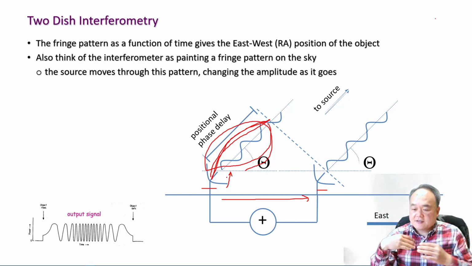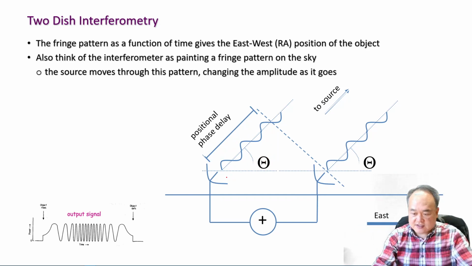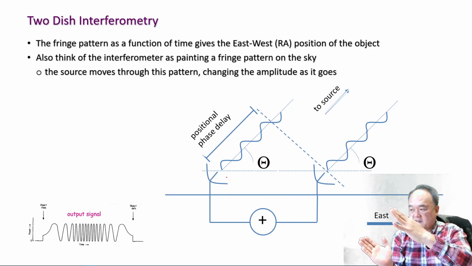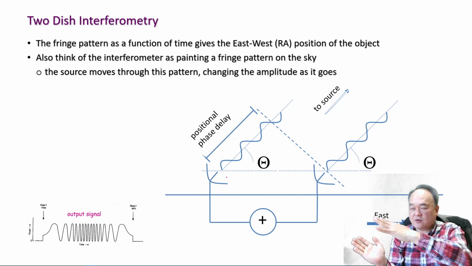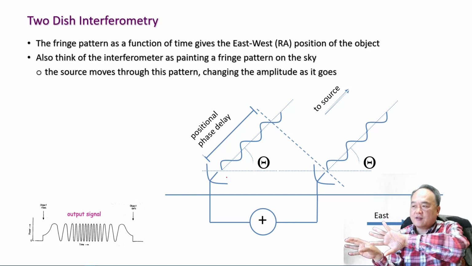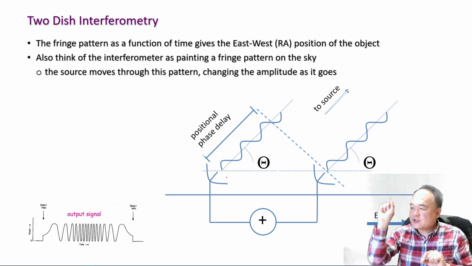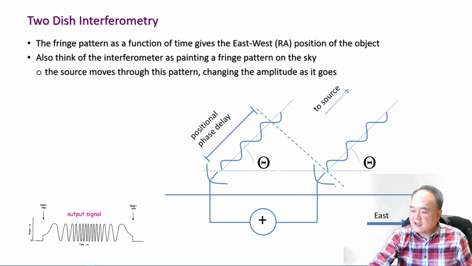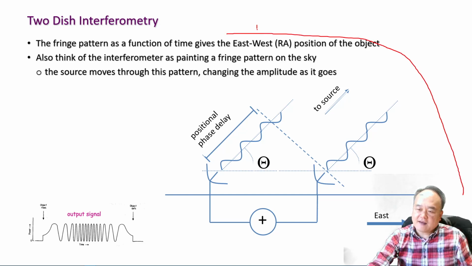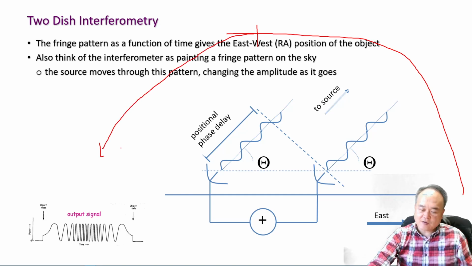Okay, and this path length difference is dependent on the source position in the sky. Imagine that any given source rises from the east, transits at the south point, the meridian, and then sets in the west.